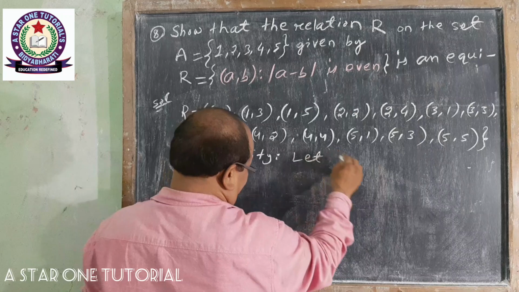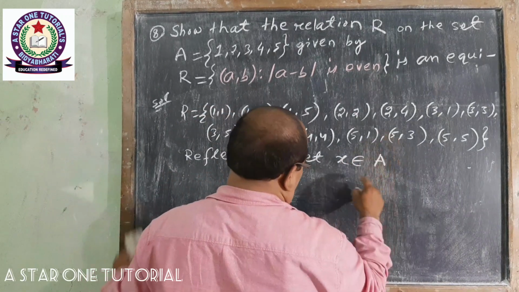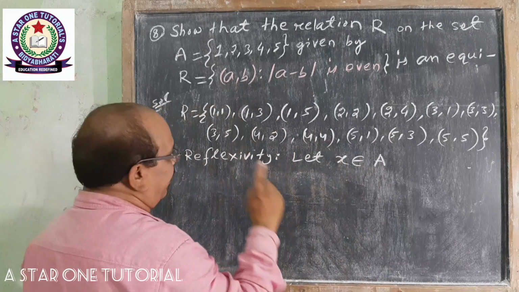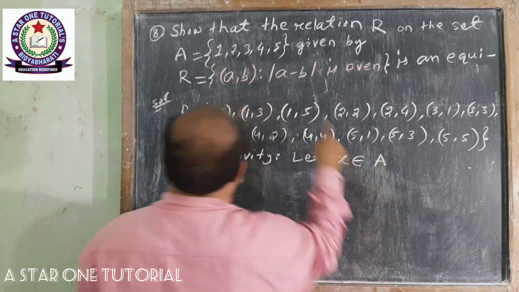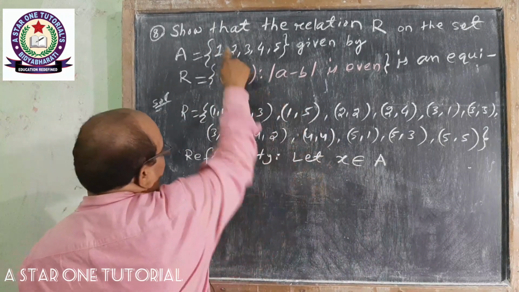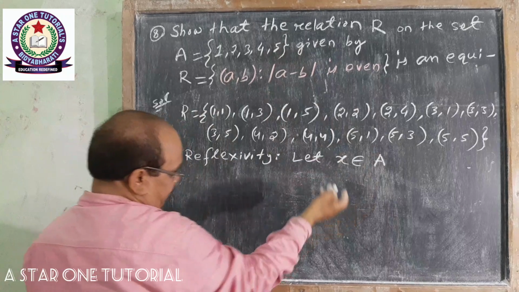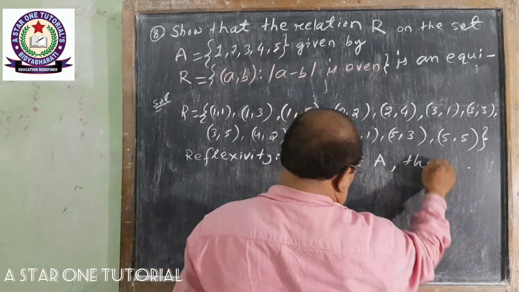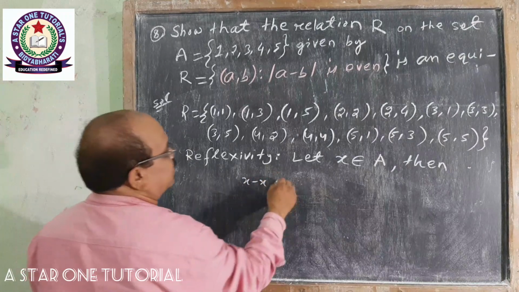Let x belong to the set A. x is any arbitrary element of the set A. That means here x may be 1, it may be 2, it may be 3, it may be 4 or it may be 5. Then we know that x minus x is equal to 0.